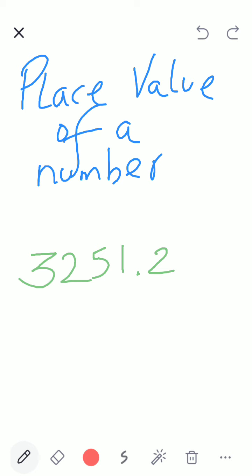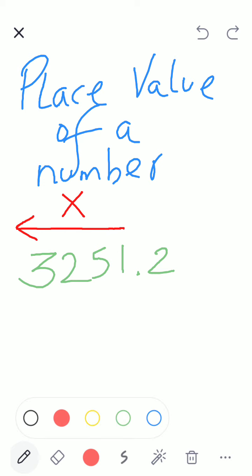Yes. So from the decimal point, if I go towards the left side, I am doing multiplication. From the decimal point, if I'm going right side, I am doing division.